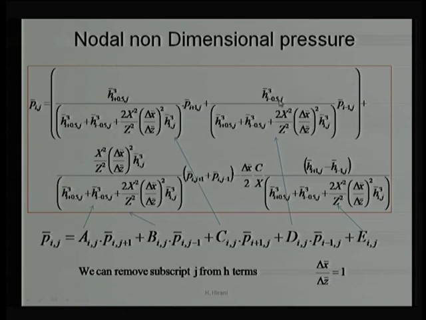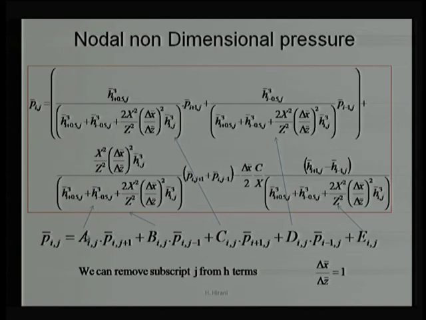We are not writing j plus 1, j minus 1, or j plus 0.5, j minus 0.5 when we are talking about the film thickness. So, we can drop this j index from these terms, that will further simplify, not the equation, but at least the representation will be simplified. We can increase the font size, and we will not require this j term.